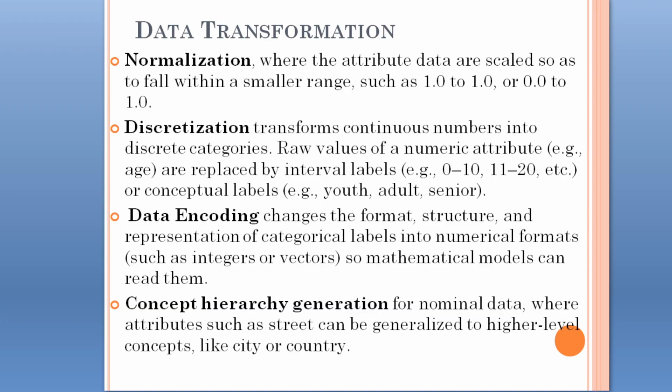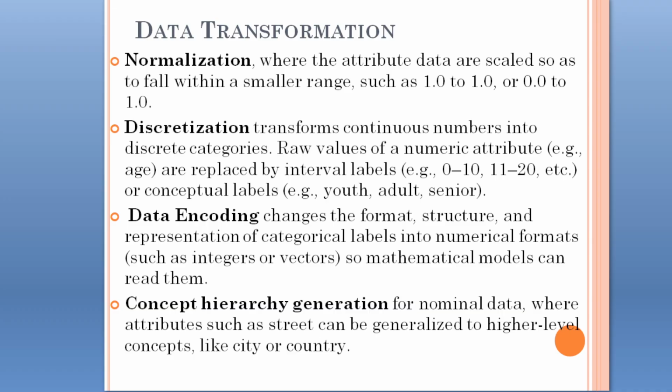Raw values of a numeric attribute or conceptual labels can be replaced by interval labels. Next is data encoding, which changes the format, structure, and representation of categorical labels into numerical formats such as integers or vectors, so mathematical models can read them.